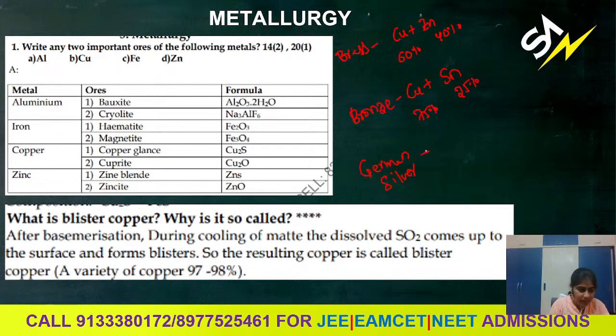In this German silver, we have a combination of copper, zinc and nickel, having 25% of copper, 25% of zinc and 50% of nickel. All this composition gives German silver. So remember them. They are also very helpful for your exam.